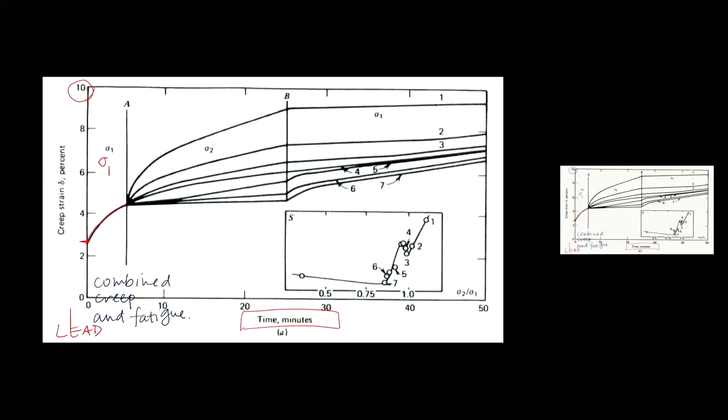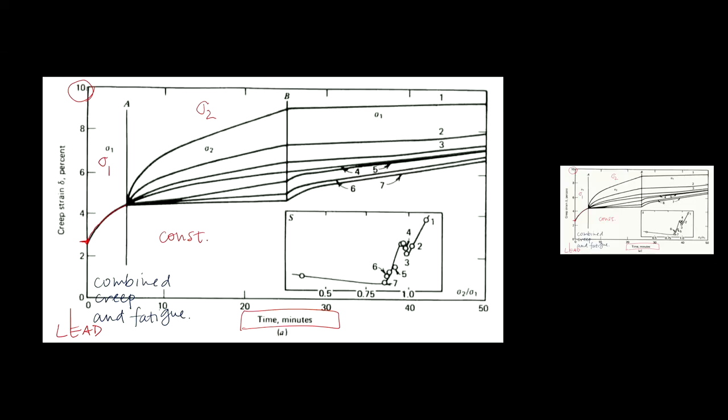Then at 5 minutes, we're going to jump and apply a different stress, and that stress is going to be sigma 2. That could be higher than the original stress. That could be lower than the original stress. So this is like a constant temperature experiment, but with changing stress levels, right?